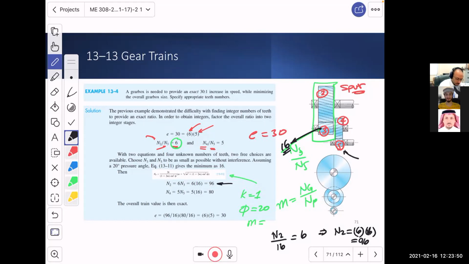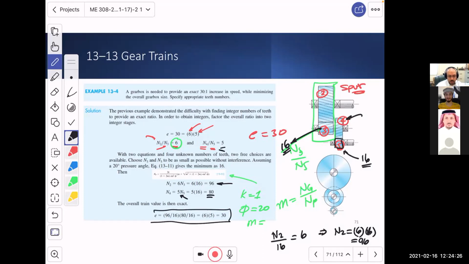So assuming that the smallest one will have the minimum of 16, I multiply it by 5, which is the ratio, to get the number of teeth for gear number 4, which is how much? 80. So now I got an exact value of 96 divided by 16 multiplied by 80 divided by 16, which is exactly 6 multiplied by 5, which is exactly 30.